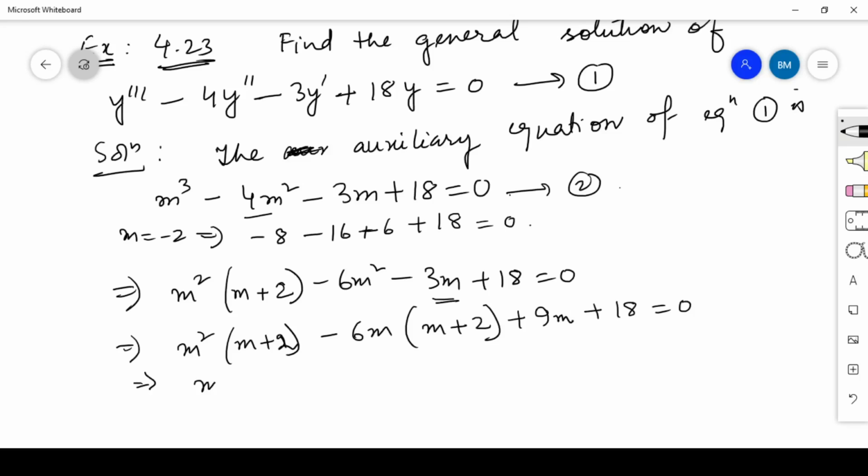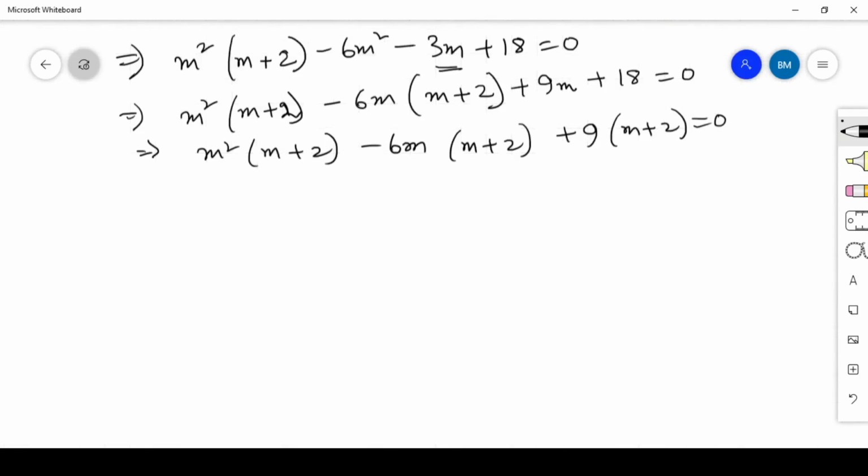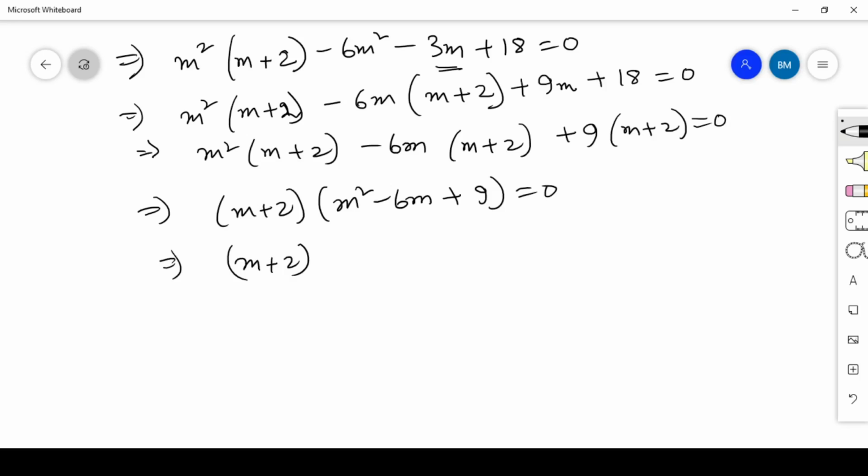This will give m square into (m plus 2) minus 6m (m plus 2) plus 9 into (m plus 2) is equal to 0, which gives (m plus 2)(m square minus 6m plus 9) is equal to 0, and this will give (m minus 3) square is equal to 0.